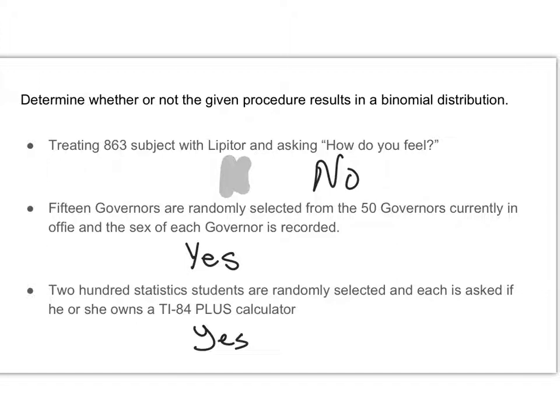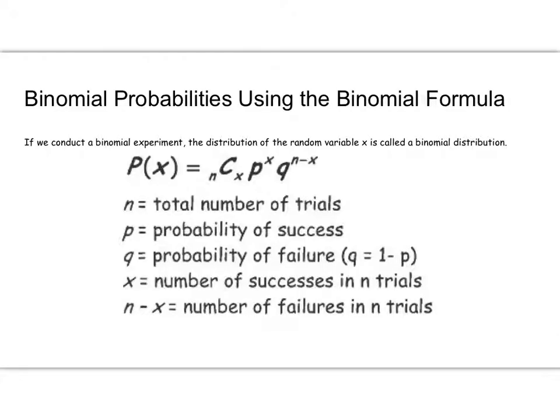So binomial probabilities have their own notation and formula. This requires a calculator, so we're going to go over this in class, but briefly, the notation is the probability of the number of successes that we're looking for.